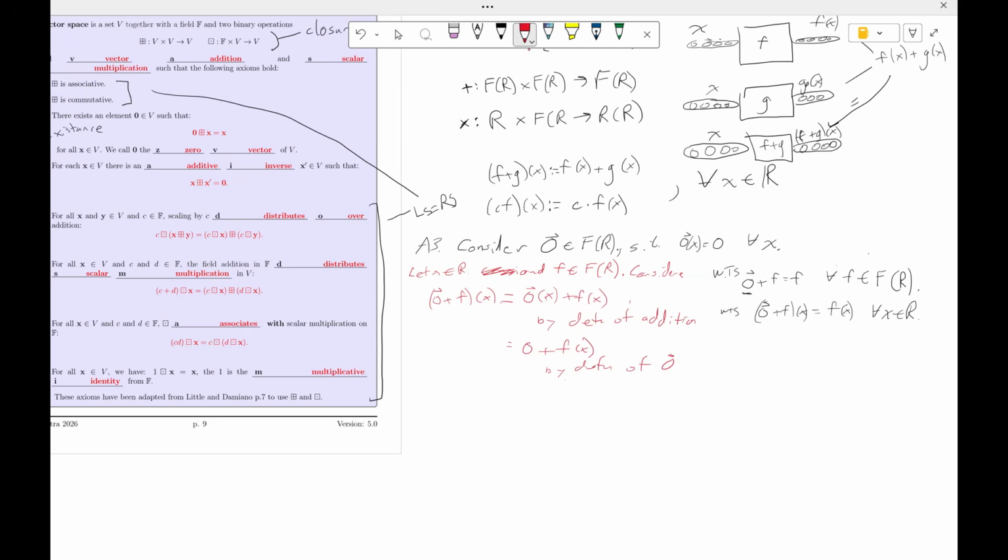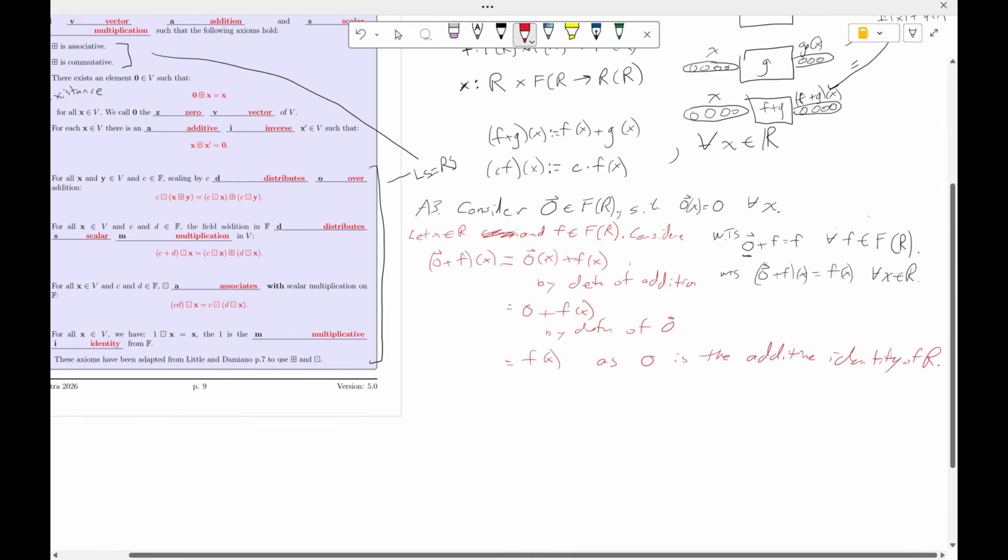And now this here, this is the 0 number, and this is also a real number. So this equals f of x, as 0 is the additive identity of R.